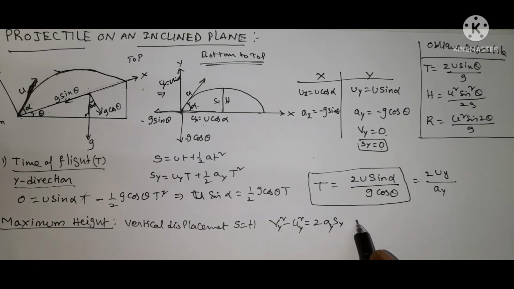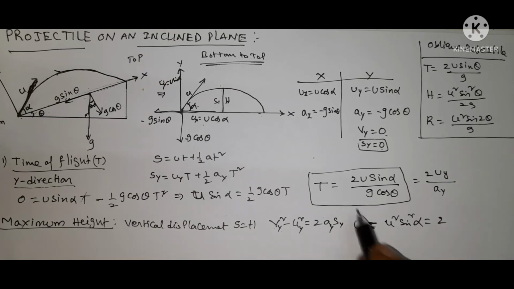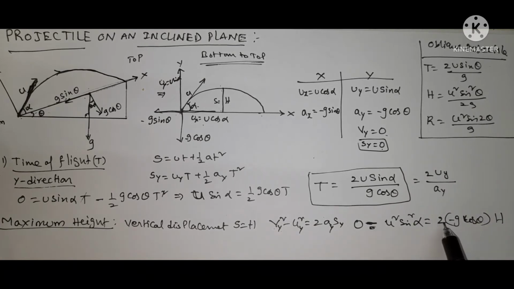That implies we can apply 0 minus uy square, which means u square sin square alpha, is equal to 2 into ay. Ay means minus g cos theta, keep it in the bracket, into sy. Sy means h as usual. So minus minus gets cancelled.